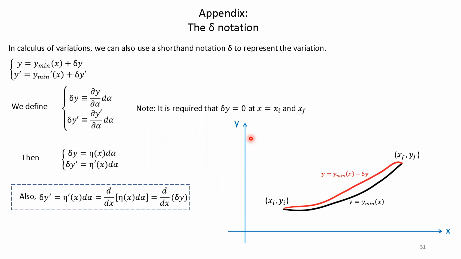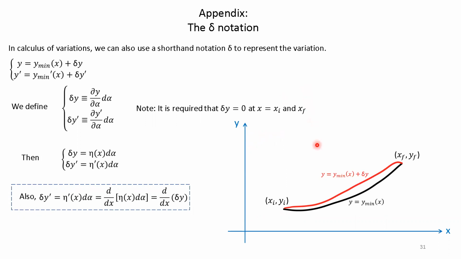Before I move on to the next chapter, I just want to also tell you a shorthand notation that is commonly used in calculus of variation. The content here is not new. It basically just lays out the derivation of the Euler's equation, but using a slightly different notation that you might find more convenient to look at.